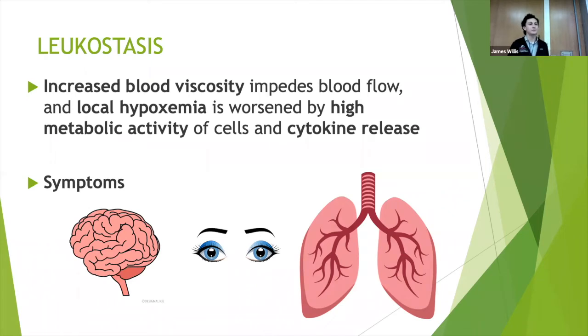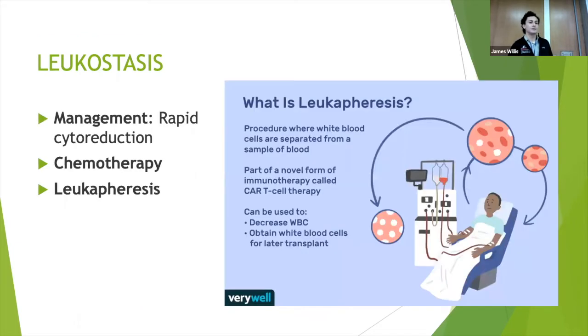That causes sludging, decreased microvascular perfusion, and then vascular stasis. And so you'll have end organ ischemia, which mimics other disease processes, and you'll see symptoms related to the CNS, eyes, and lungs.